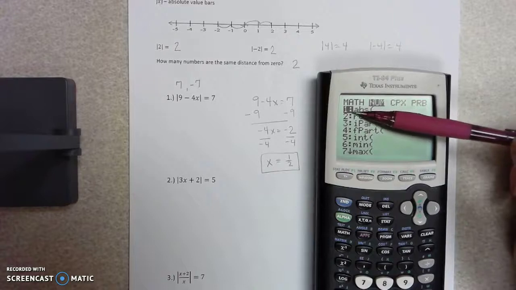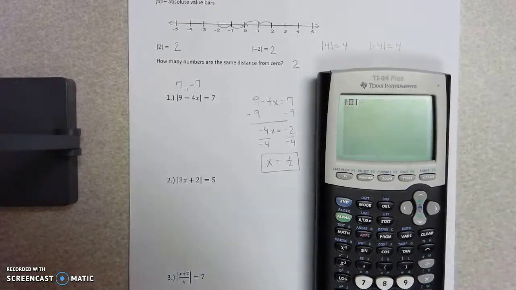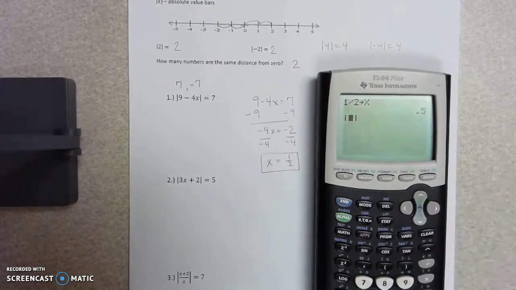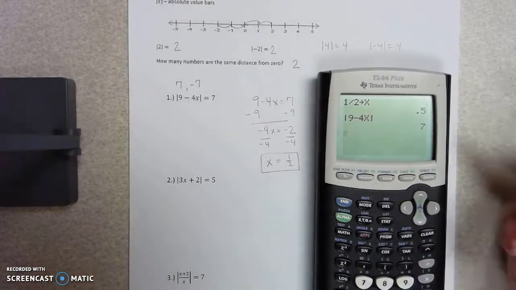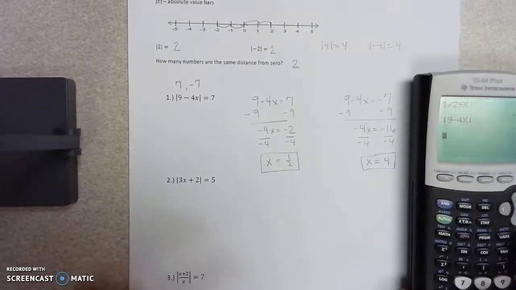You can either press the number 1, or since 1 is highlighted, you can press enter. Notice it gives you the absolute value bars. Then I'm going to type in the absolute value of 9 minus 4x and hit enter. Notice I get 7.